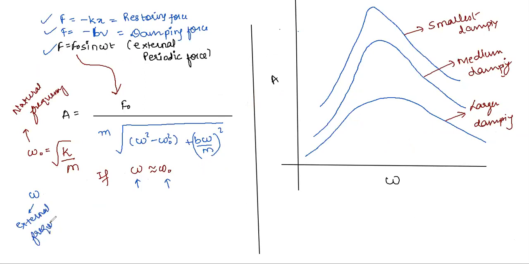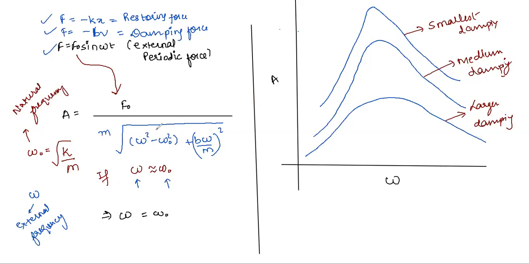So if by chance both of them become very close or nearly equal to each other, then you can say that omega and omega naught are almost equal to each other.